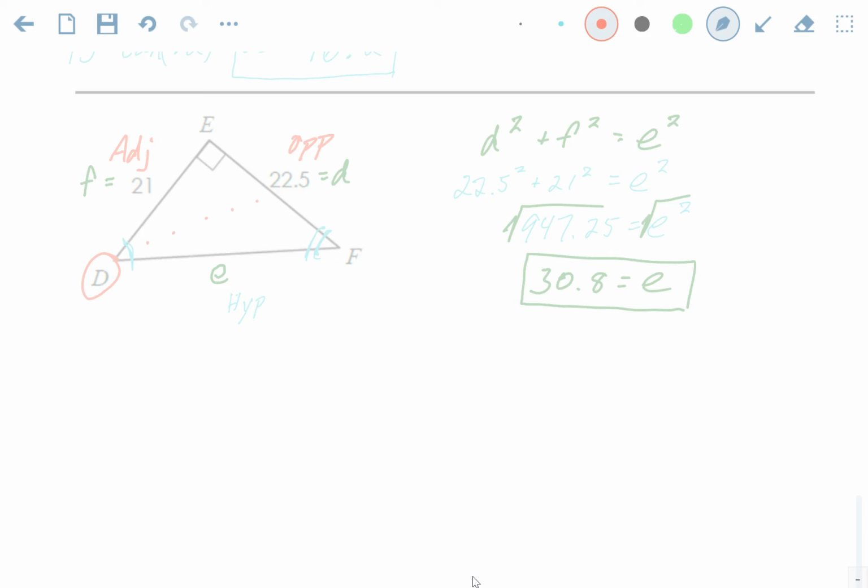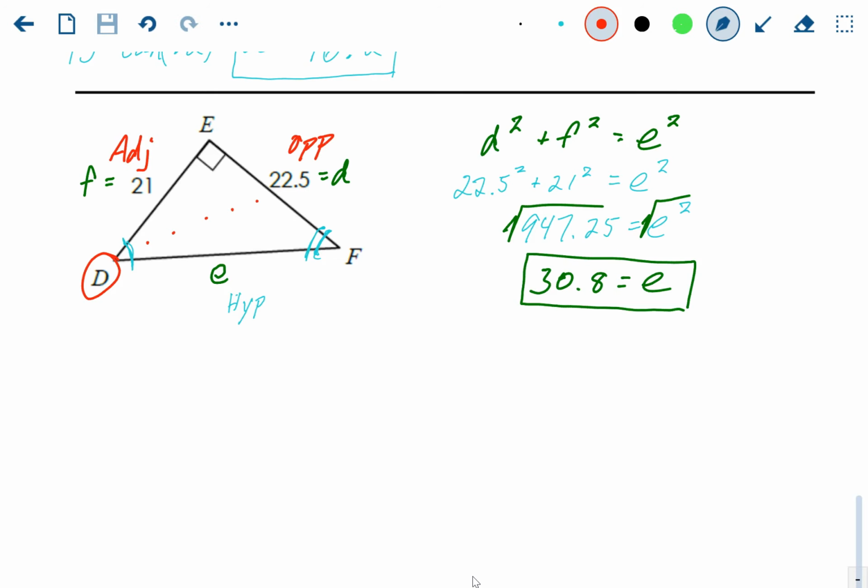So if we want to find angle D, we have to somehow find a trig ratio that uses the opposite and the adjacent sides. Now again, that's going to be tangent. So what that means is that the tangent of angle D is going to be equal to the opposite divided by the adjacent sides. So 22.5 opposite divided by adjacent 21.